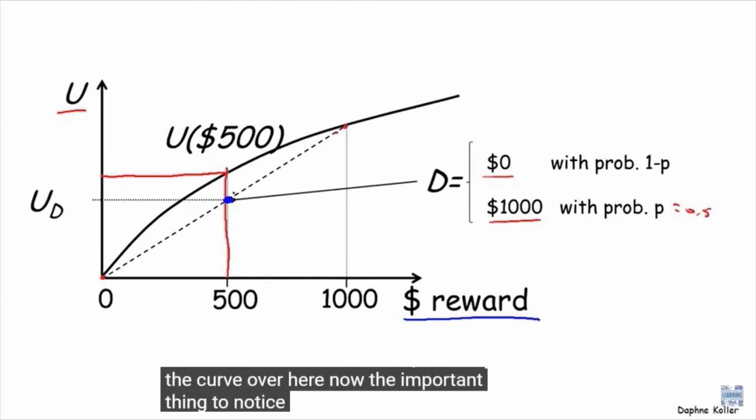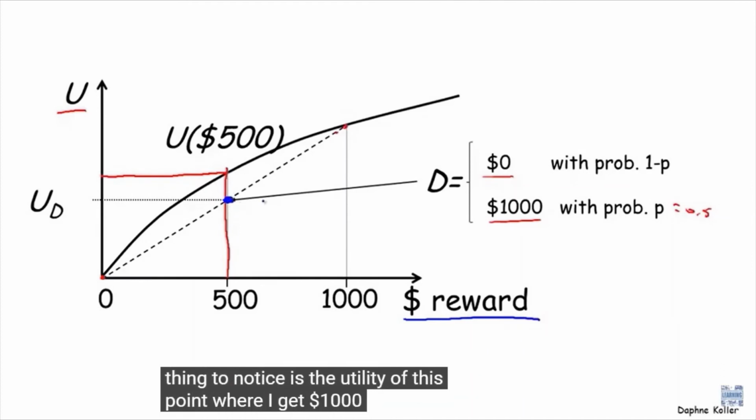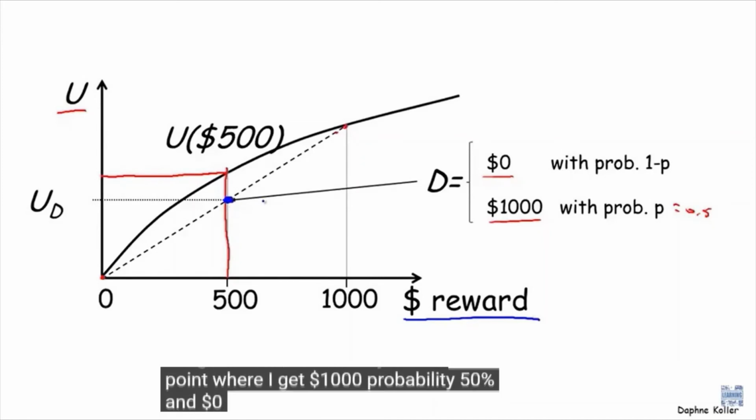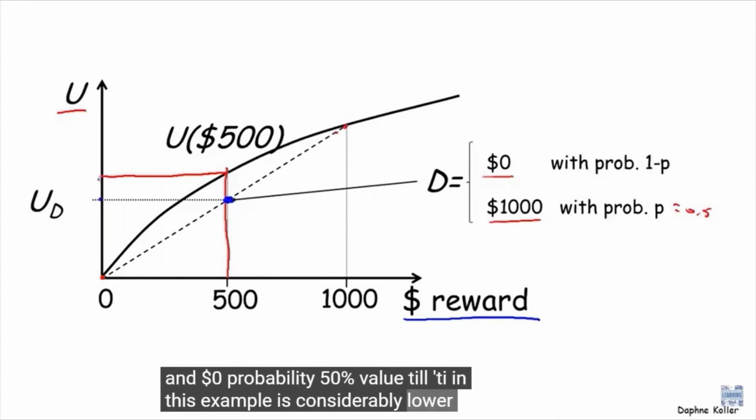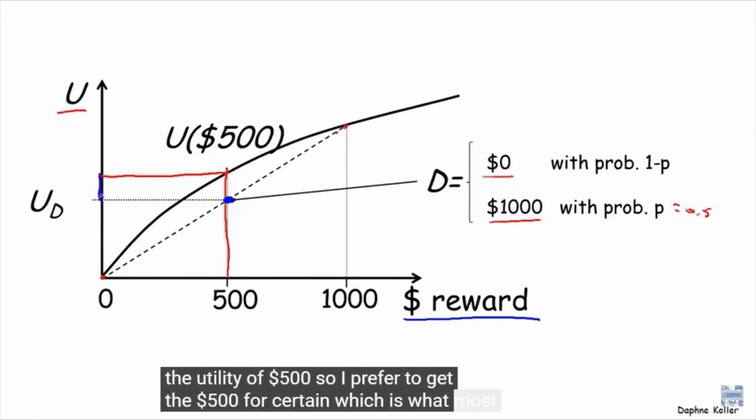Now, the important thing to notice is that the utility of this point where I get $1,000 with probability 50% and $0 with probability 50%, that utility in this example is considerably lower than the utility of $500. So I prefer to get the $500 for certain, which is what most people would say.